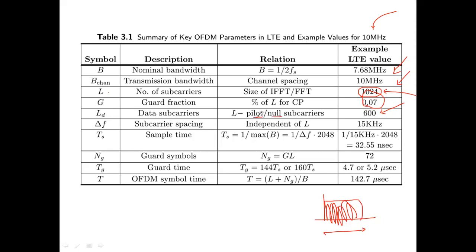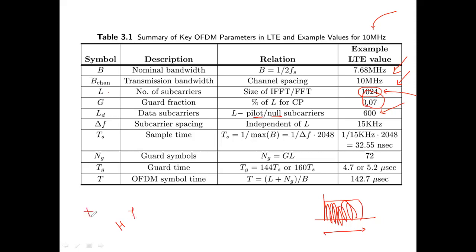Null subcarriers are there probably for some sort of signaling or indication. Pilots, as I told you in the block diagram of OFDM: if I happen to know H, and I happen to know Y, then X can be derived.